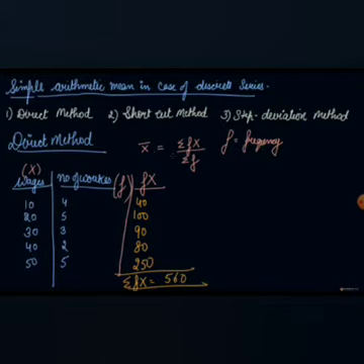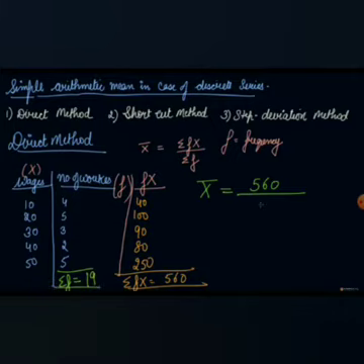Now simply by putting this into the formula, x bar is equal to summation fx, which is 560, divided by summation of f, which is equal to 19 because there are 19 workers. So 560 divided by 19 is equal to rupees 29.47.